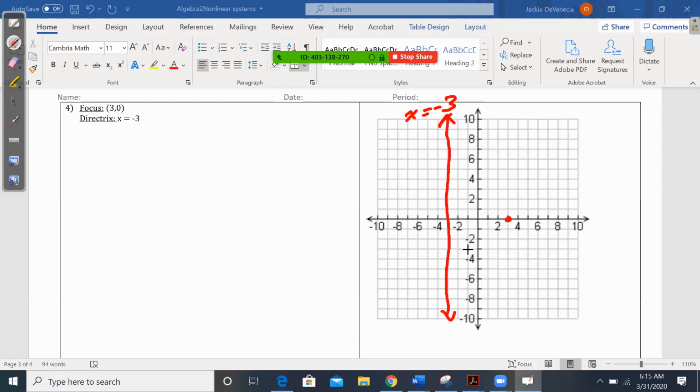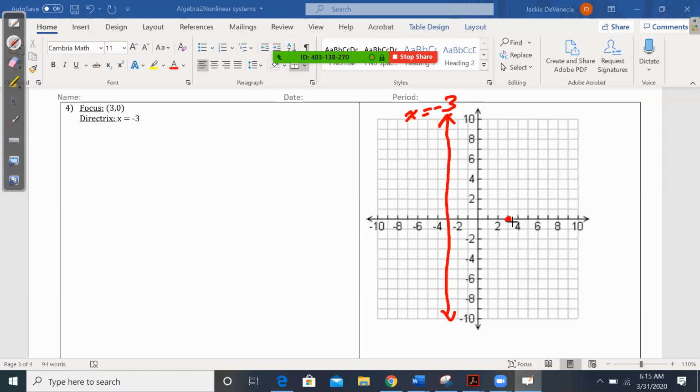So with this one over here, to find my vertex, your vertex is going to lie right in the middle between the focus and the directrix. That's because it's the same amount of distance between the vertex and focus, and the same distance from the vertex to the directrix.